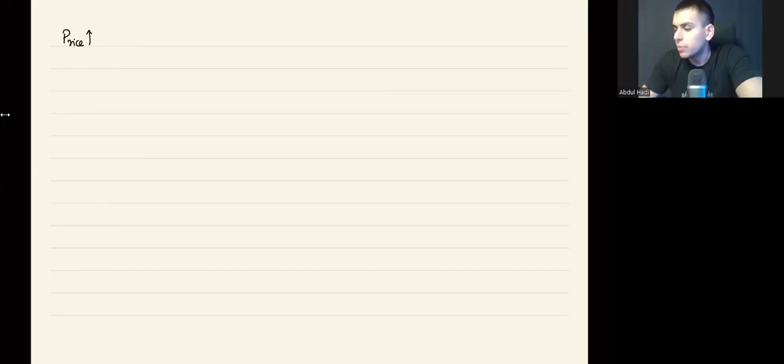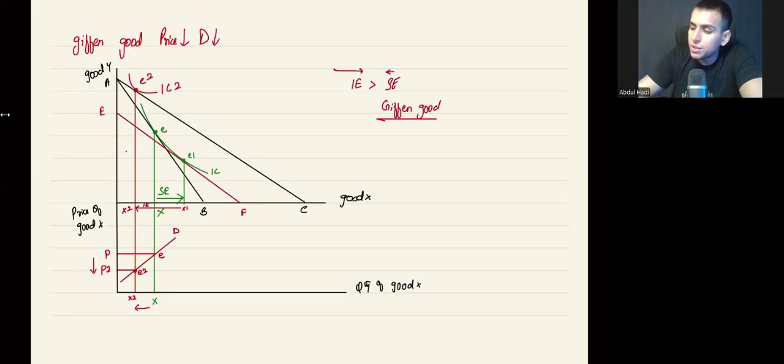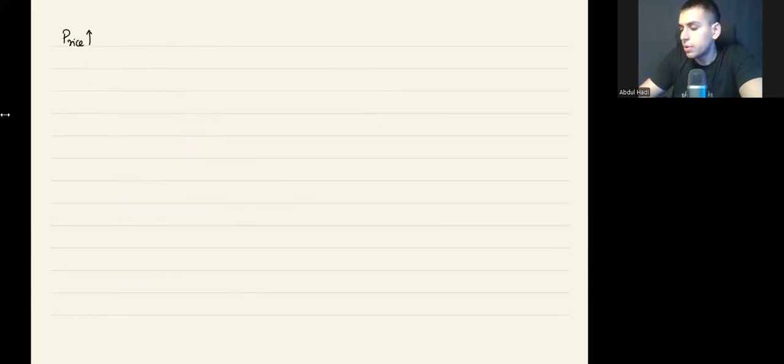Where will be the new equilibrium? Now if we are talking about necessity good, there will be no change. Your equilibrium quantity will stay the same, and your new indifference curve will be over here, right? All right, so let's move to an increase in price level. Price level is rising, and we're talking about normal, inferior, and Giffen.